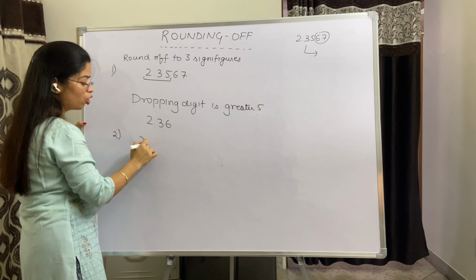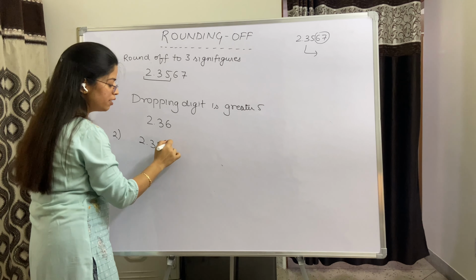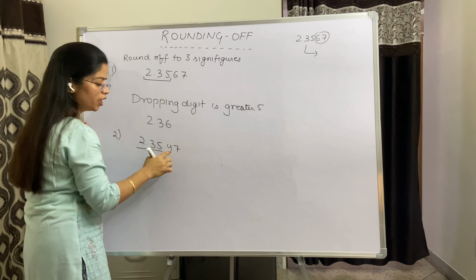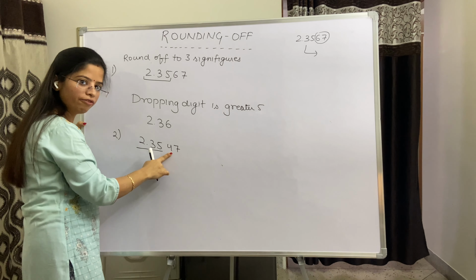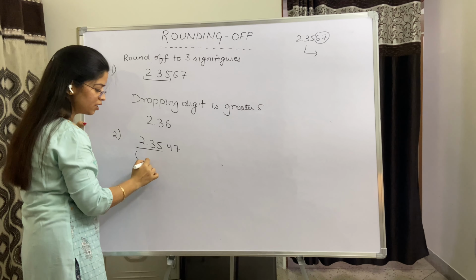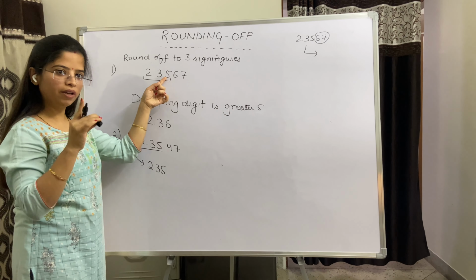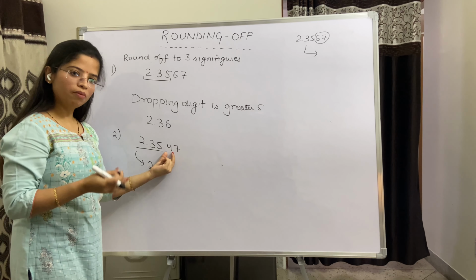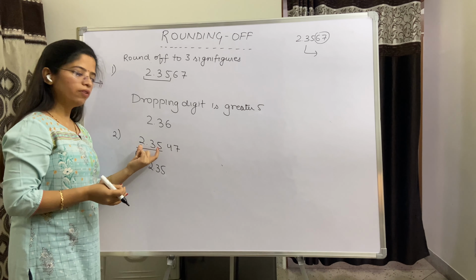If the dropping digit is less than 5, then this number will remain same, so I can round it off as 2.35. Is it clear? We'll check only this number. If the dropping digit is greater than 5, we'll increase the preceding digit by 1. If the dropping digit is smaller than 5, then the number will remain same.